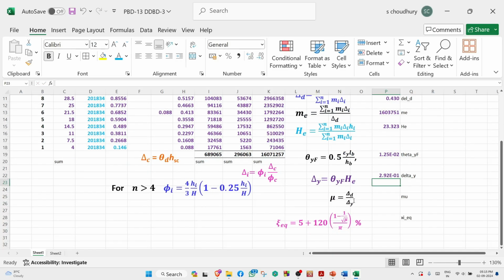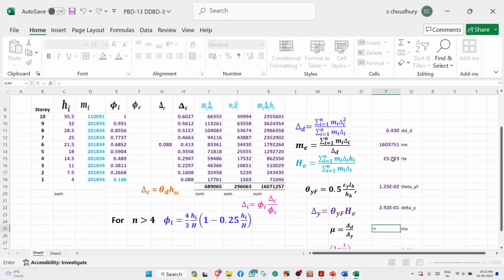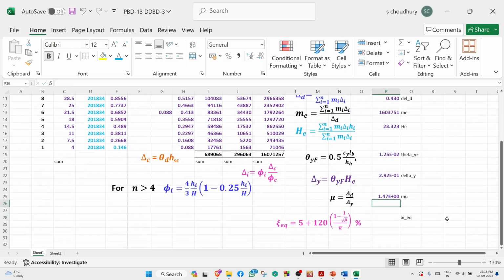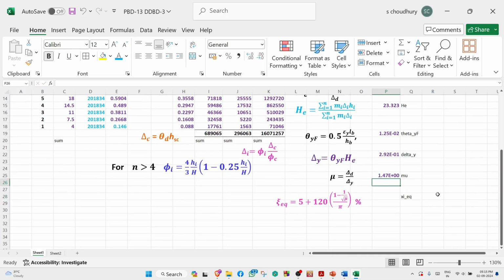Now the ductility mu equals delta D by delta Y, so delta D, we have found this value, divided by delta Y is this value. Yes. So it is 1.47. The ductility should always be more than 1, otherwise you have some problem in your computation or in the system. Because ductility 1 means it is elastic, it should be more than 1.